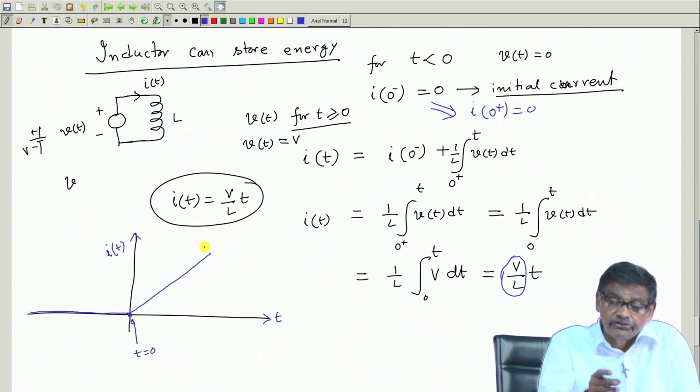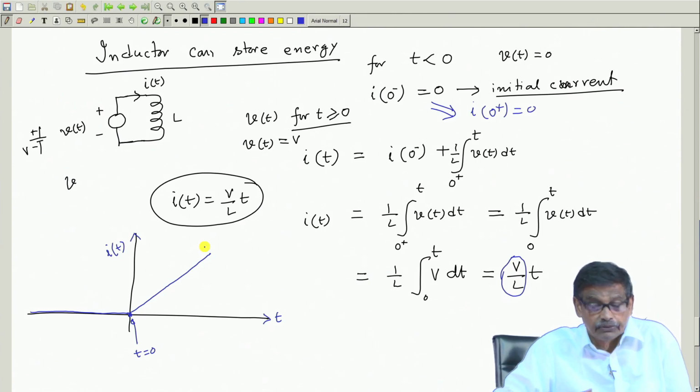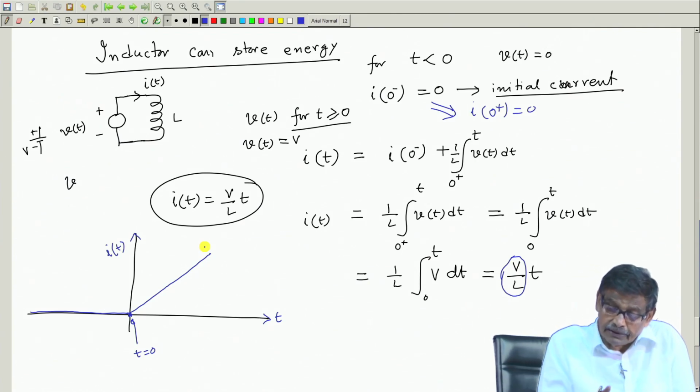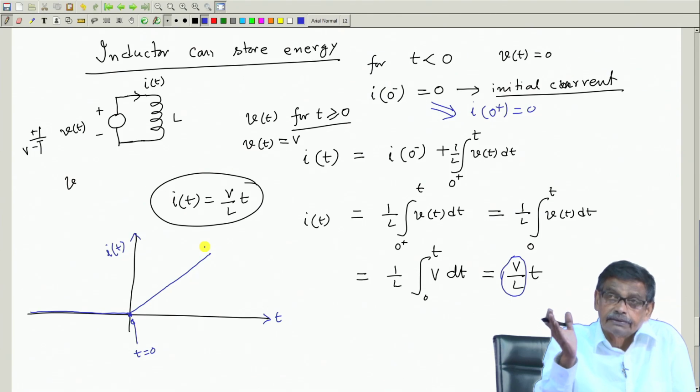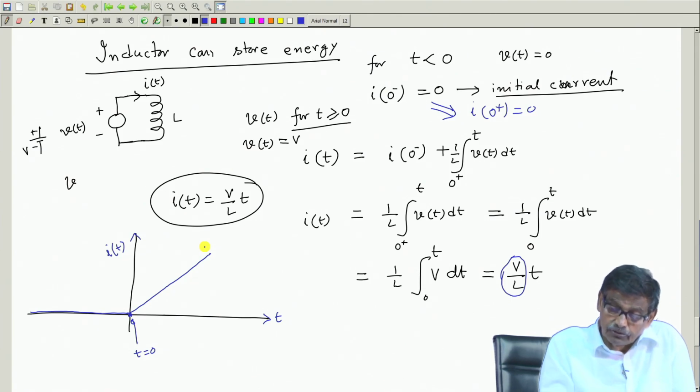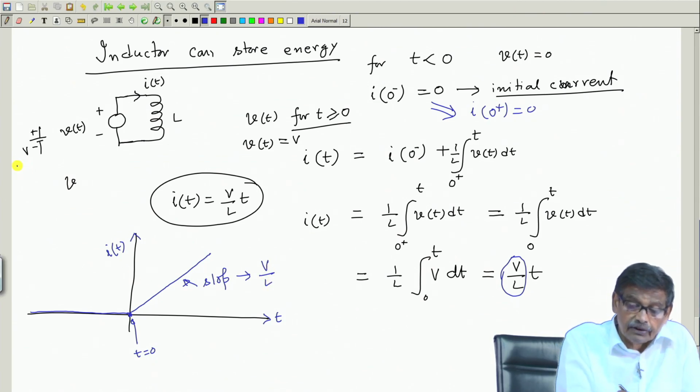So, apply a constant voltage across a pure inductor, and the current will rise linearly. The slope of this curve depends upon the magnitude of the constant voltage divided by L. This is the constant battery you have connected.